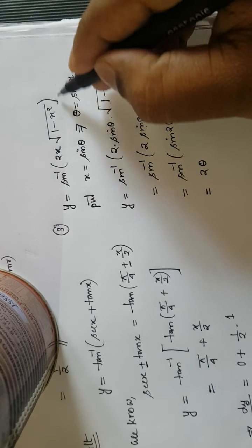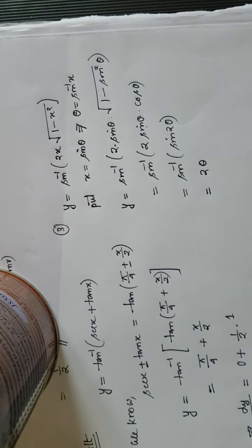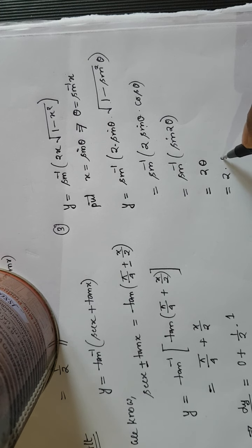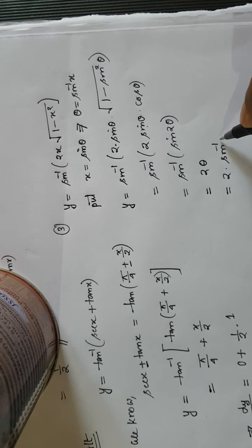This is called an inverse function. In the sine function we put in any angle in radians and we get the corresponding value. Now in the inverse function we put that value and we get the corresponding angle. This is twice theta, and theta is equal to sine inverse of x.